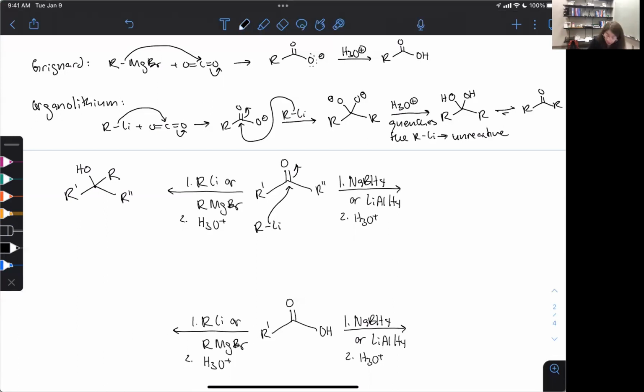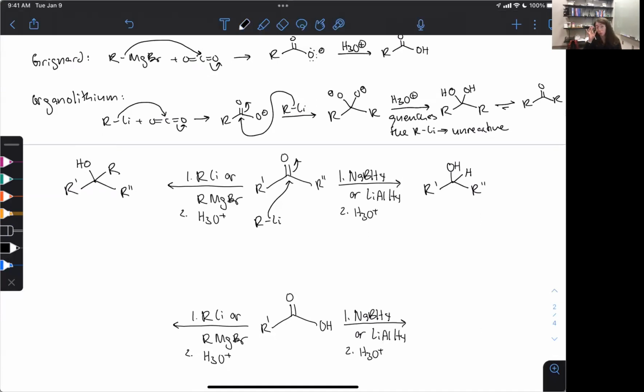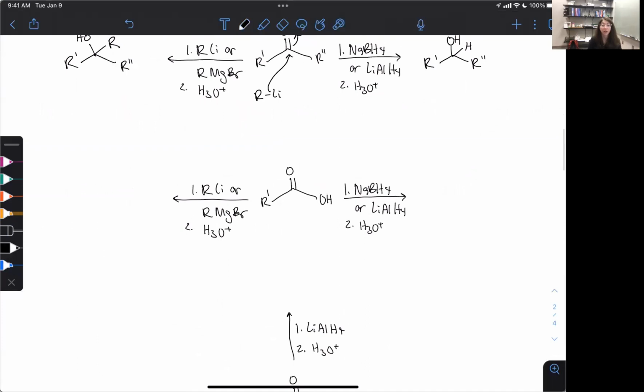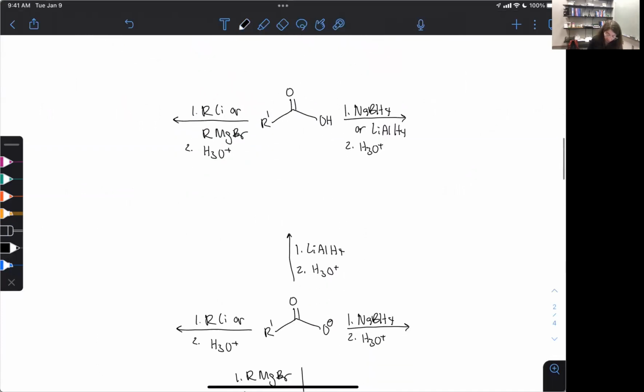If I use a hydride, that's going to get a secondary alcohol out. Okay, and that's going to be the same for organolithium and Grignard and sodium borohydride and lithium aluminum hydride. No difference there.